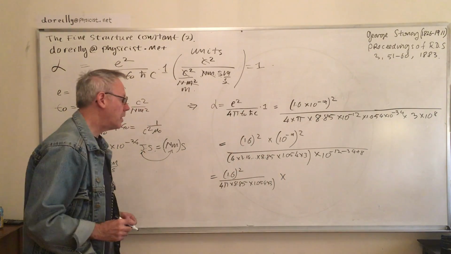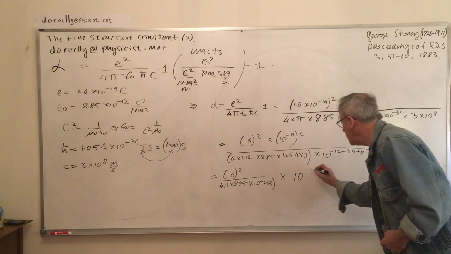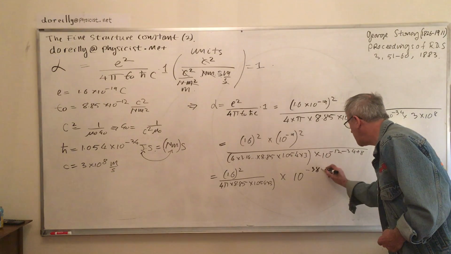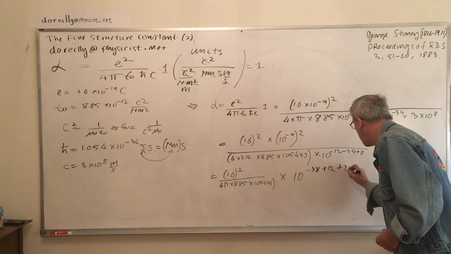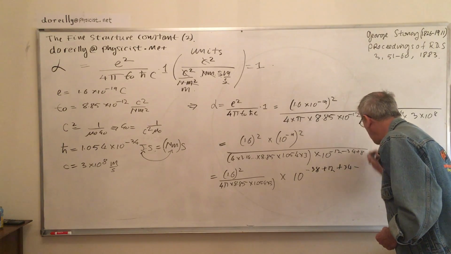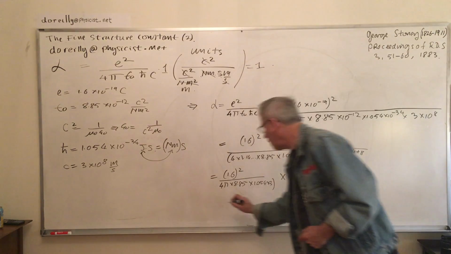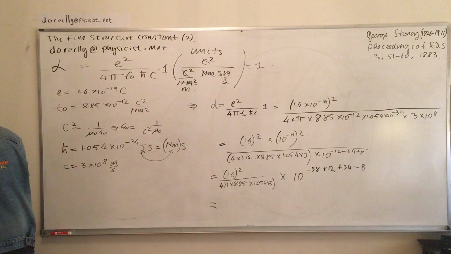And we get all the powers of 10. 2 times minus 19 is negative 38. When I bring the 12 upstairs, it becomes positive 12. Negative 34 becomes positive 34. And positive 8 becomes negative 8. Now I did this before, and I don't want to go through it all again, so I just throw the number in.